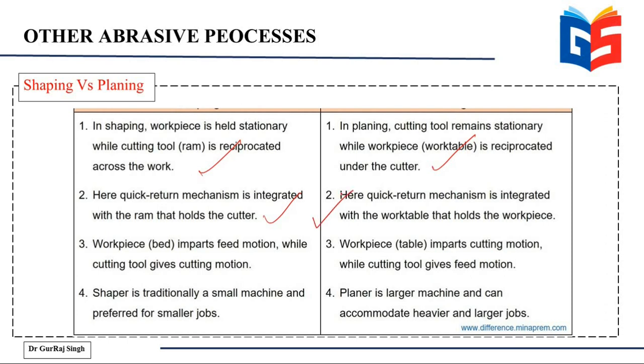In shaping, the workpiece imparts the feed motion, while in planing, the tool imparts the feed motion. And a shaper is traditionally a small machine which is preferred for smaller jobs, so that's a very important difference, while the planer is a large machine and it is preferred for larger jobs. So these are the basic differences between shaping and planing processes.